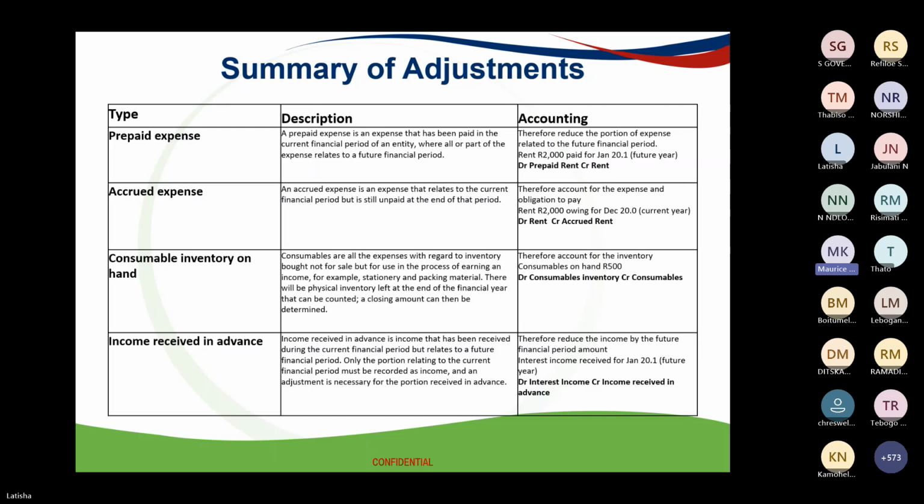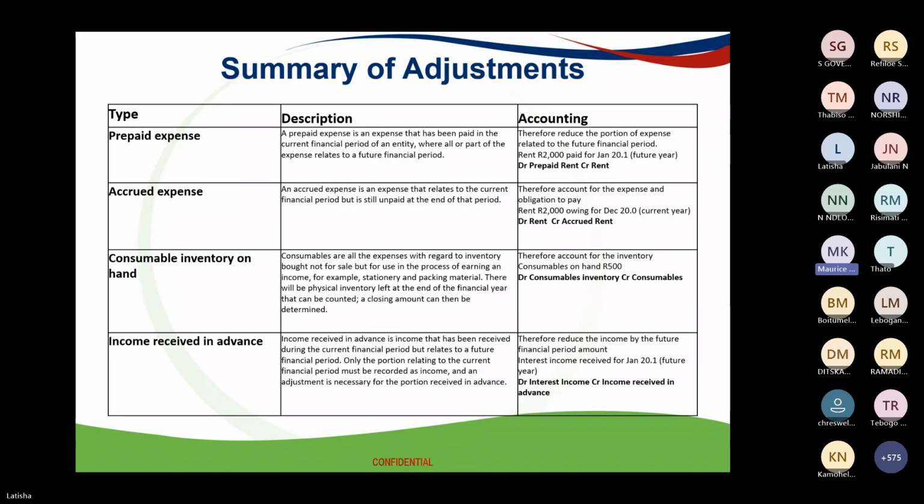The physical inventory left at the end of the year can be counted and the closing amount can be determined. And then the value of that inventory that was counted will have to reduce the consumables expense, because not all of it was used, by crediting consumables and debiting inventory.